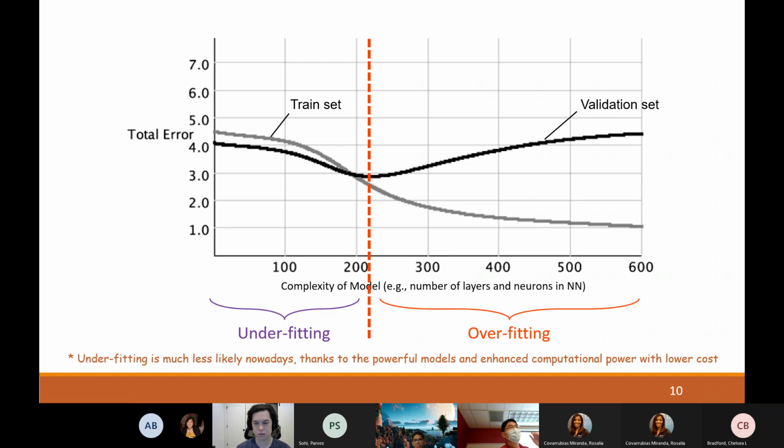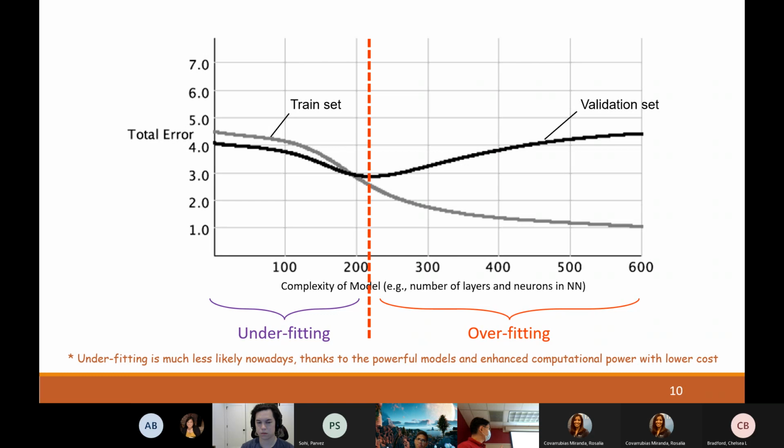But the line for the validation set, at some point, is going to reverse. Why? Because the model is starting to overfit to the training set, compromising its ability to generalize the pattern to a new data set. So always remember that the line that goes back is the test or validation set.